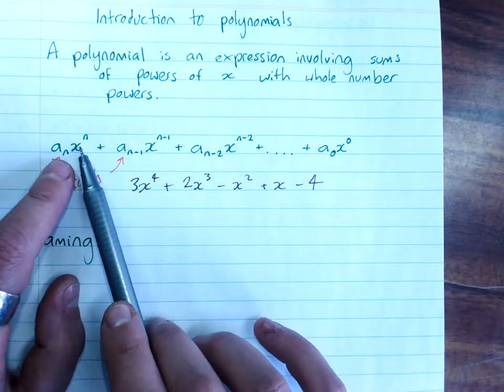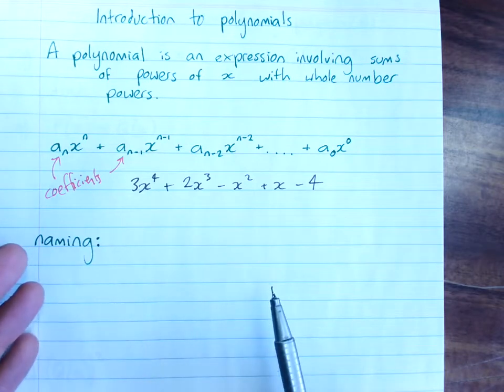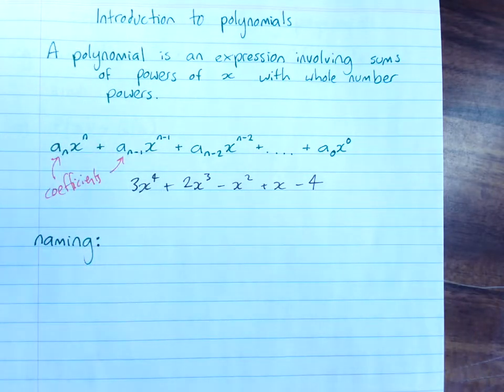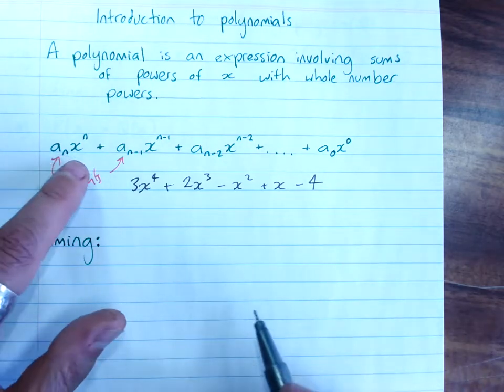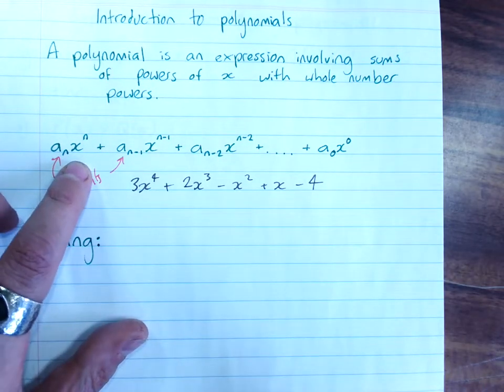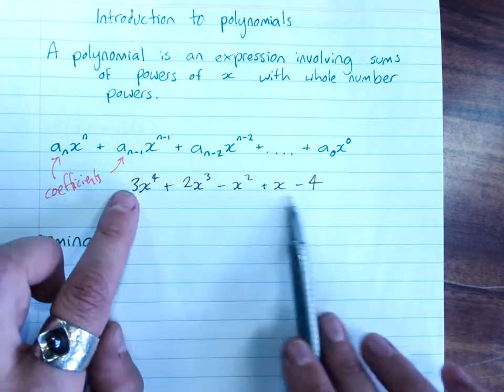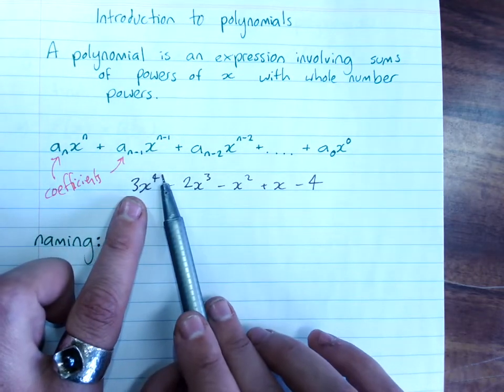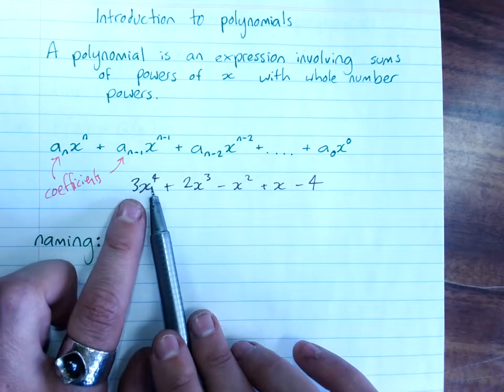So the degree of x is the power, and the degree of the polynomial is the highest power of x. So this is a quartic, or we could say a polynomial of degree 4.